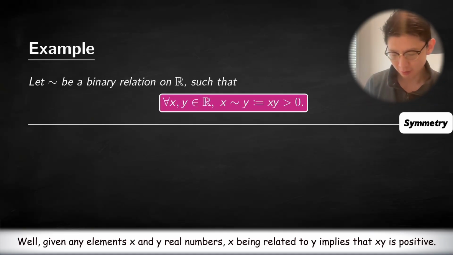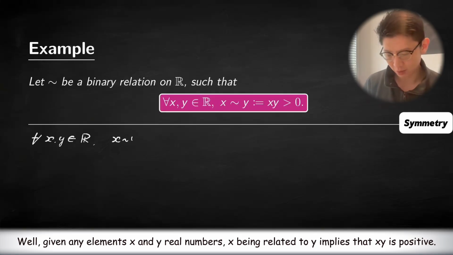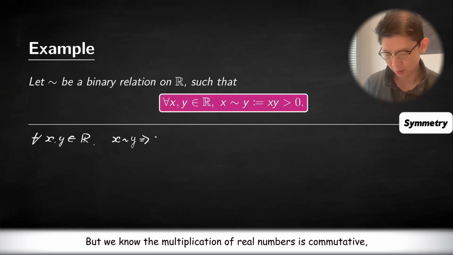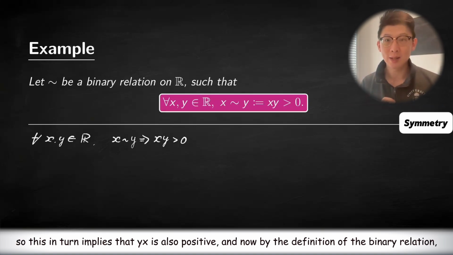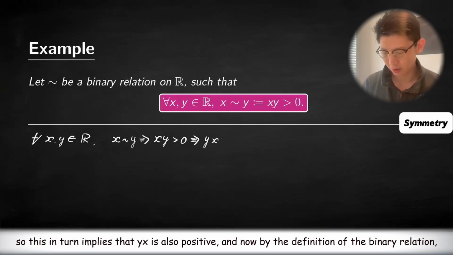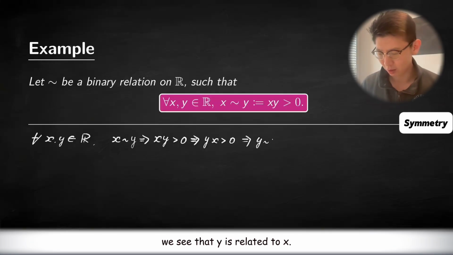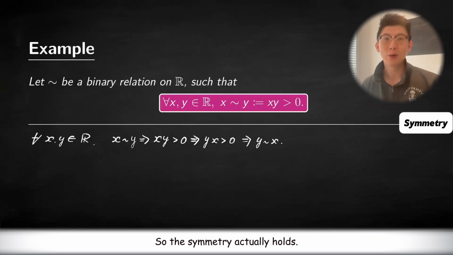Well, given any real numbers X and Y, X being related to Y implies that XY is positive. But we know the multiplication of real numbers is commutative. So this in turn implies that YX is also positive. And now by the definition of the binary relation, we see that Y is related to X. So the symmetry actually holds.